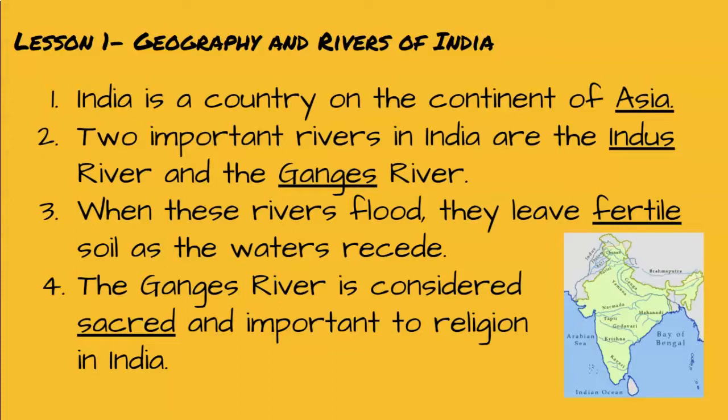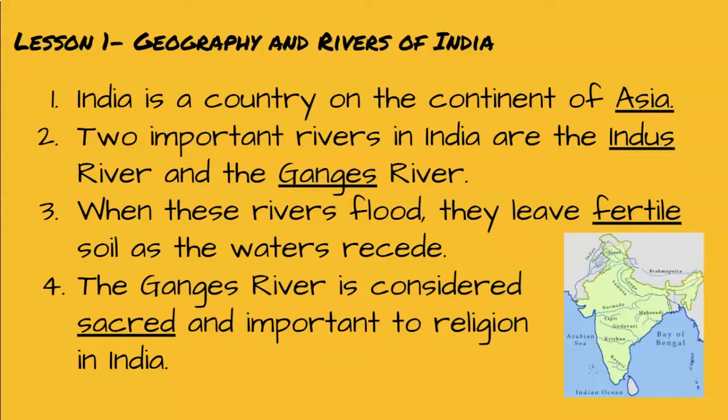Then there are 2 important rivers in India that we're going to hear about in both our read aloud and our notes. The first one is the Indus River, and that is what you're writing about today in your writing assignment. Just a couple, 2 or 3 sentences about the Indus River, the mountains there, and what it does.